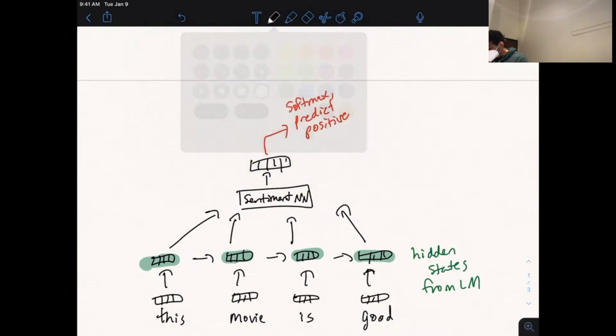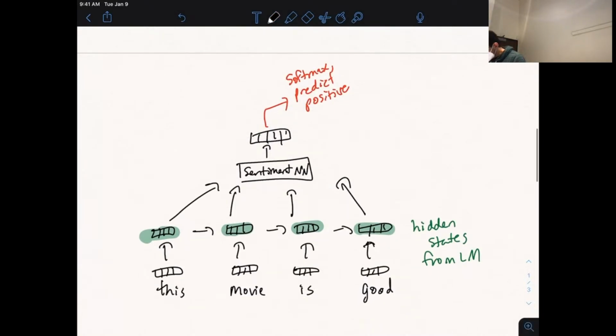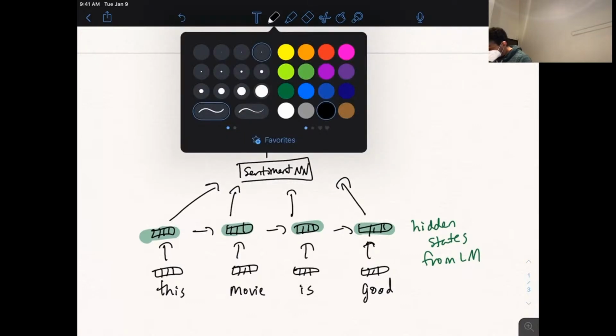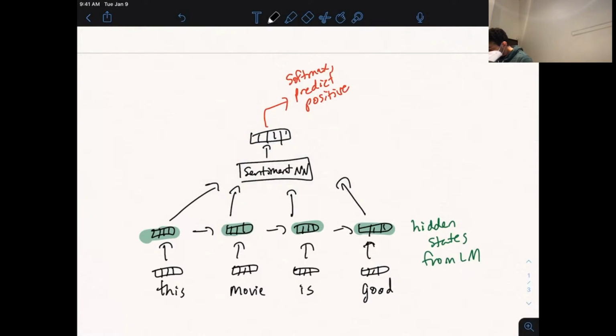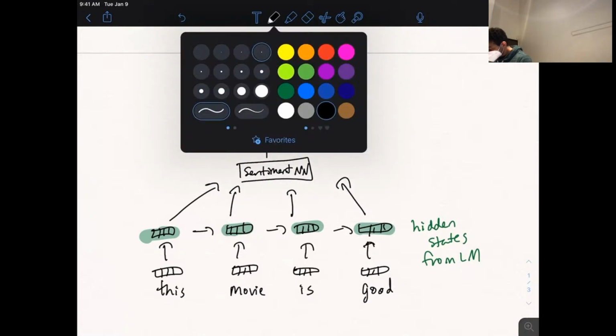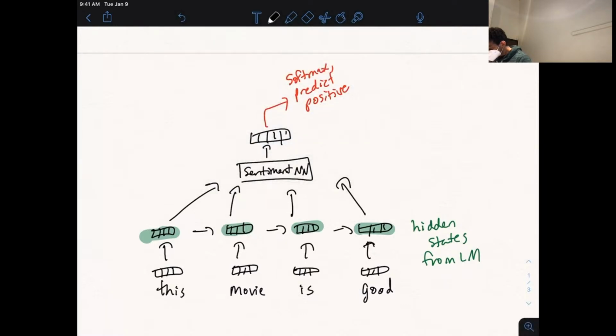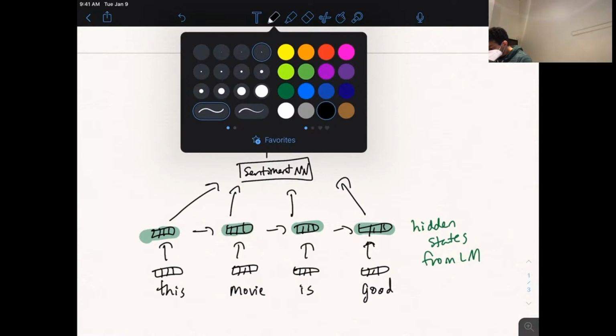So in this setup, I have the neural network language model. Maybe I can use a different color.